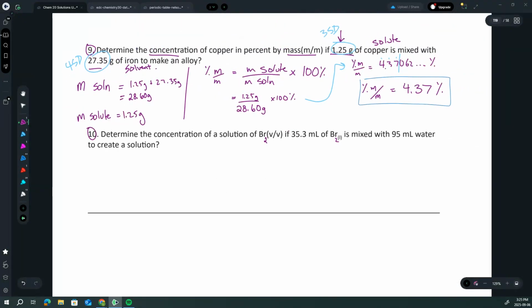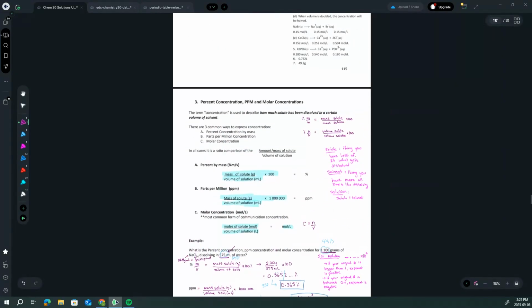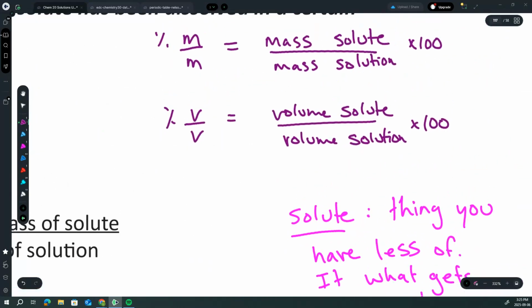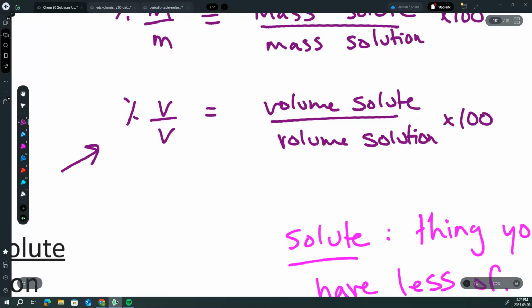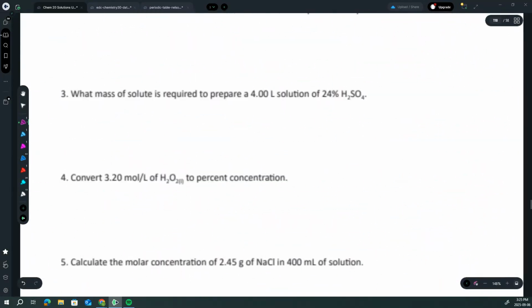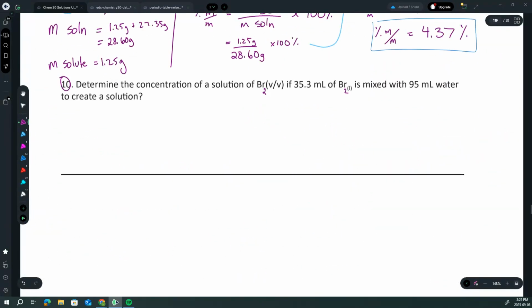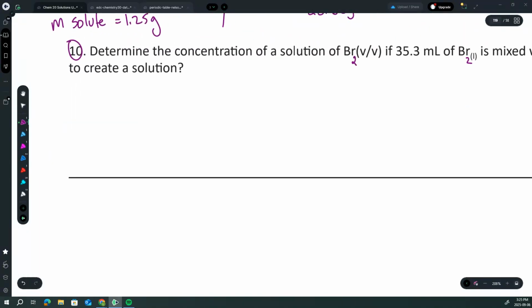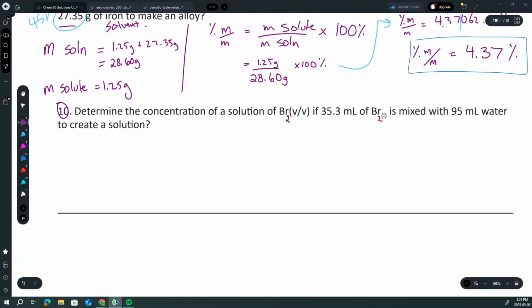As a reminder, our percent volume by volume concentration formula is right here, which is what we're going to be using. All we care about is making sure that the volume of the solute and volume of solution are in the same units. Looking at our values, we have 35.3 milliliters of bromine mixed with 95 milliliters of water.